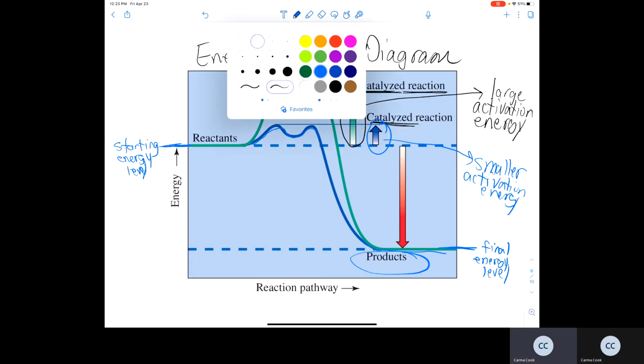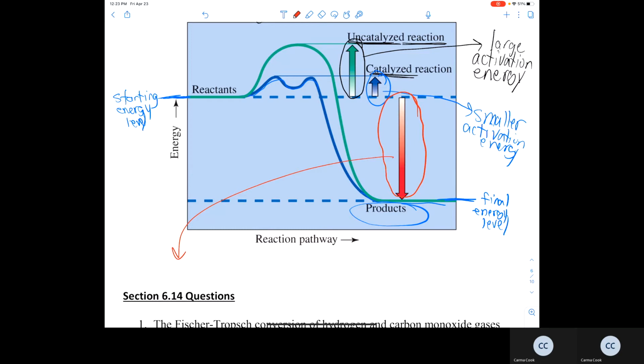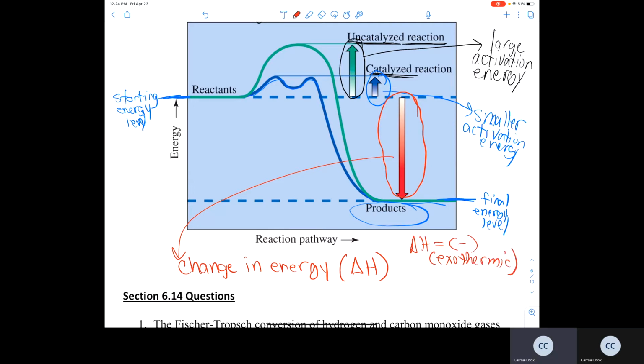This red arrow is the difference in energy, or the change in energy, between reactants and products, which we call delta H. This particular reaction is exothermic because the delta H is negative.